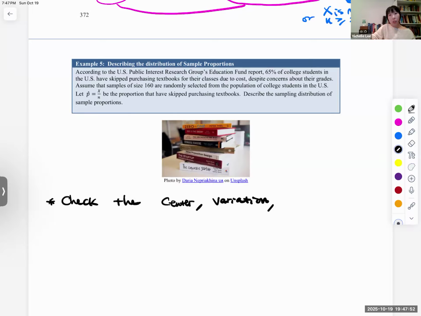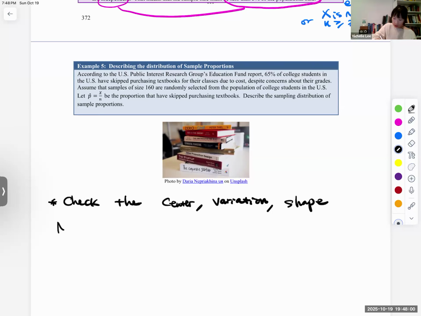Okay, so center, which is the mean, mu sub p hat. What do you get? It's p, the population proportion. 65% will be p, so that is 0.65, right?